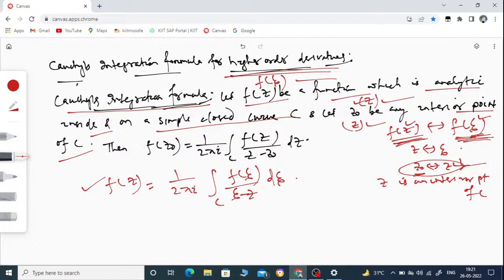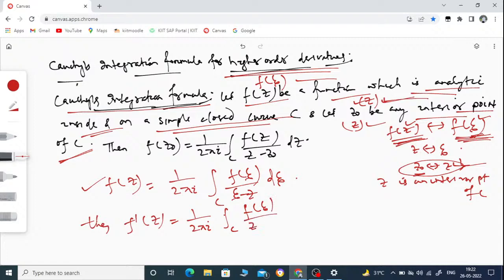If f is a function which is analytic inside and on a simple closed curve C, and z is any interior point of C, then f dash z is 1 by 2 pi i integration over C f of j divided by j minus z whole square dj.